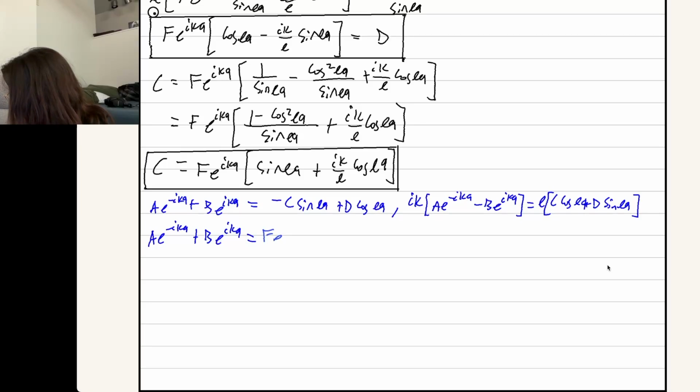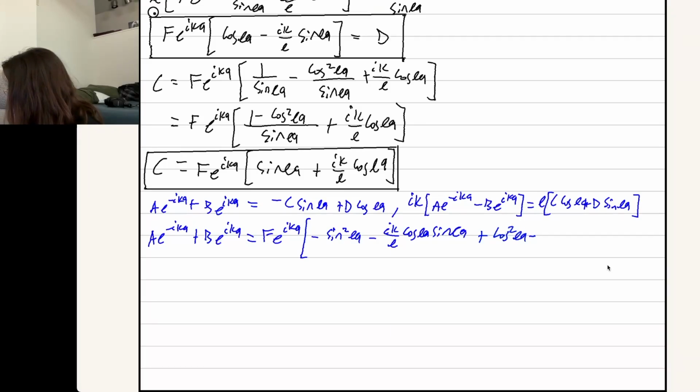All these terms are going to be proportional to F e to the ika, but we have minus sine squared La minus ik over L cosine La sine La. And then we have plus D cosine La, so plus cosine squared La minus ik over L sine La cosine La.